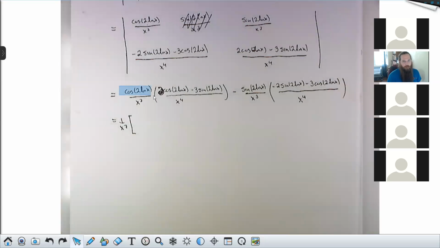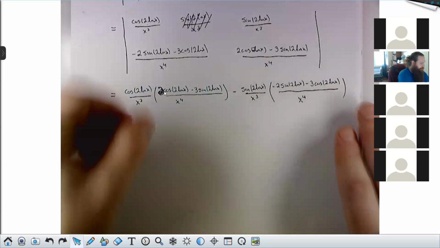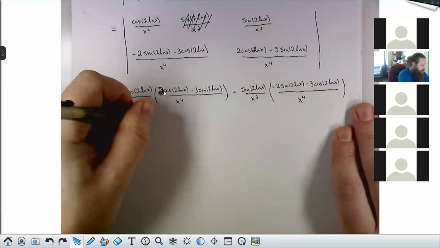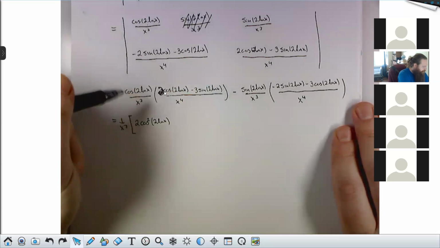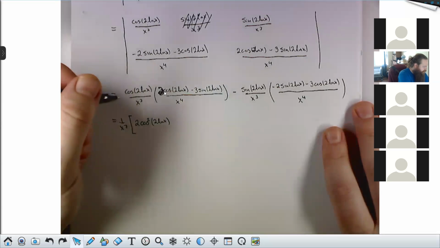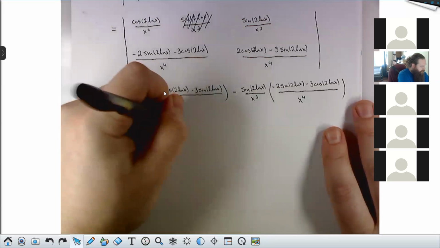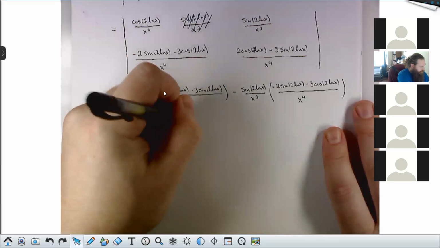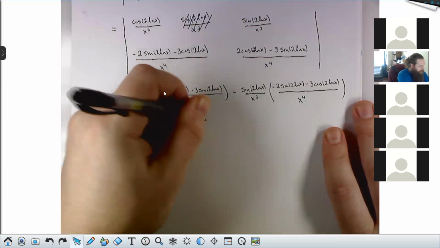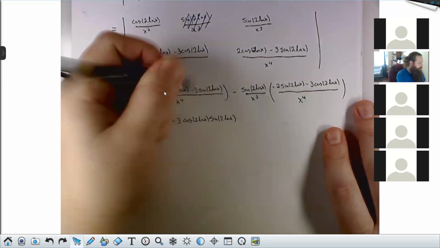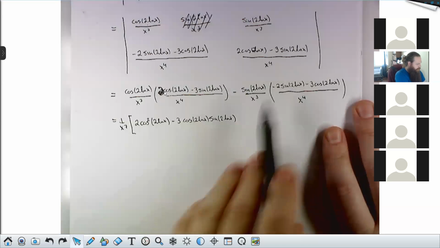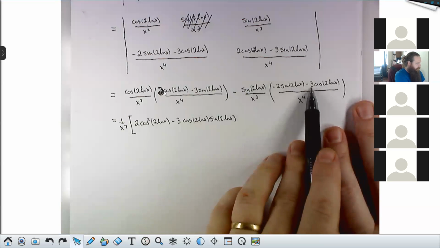Okay. If I distribute cos 2 ln x over this difference, I'll have 2 cos squared 2 ln x minus 3 sine 2 ln x cos 2 ln x minus 3. I'll write the cos first. Now I can factor a negative out here.